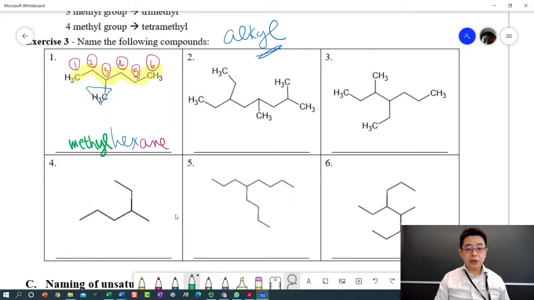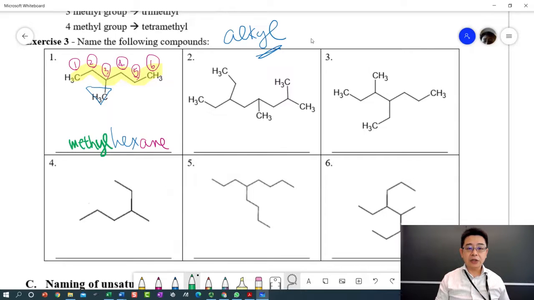One last thing is we ask 3 questions for substituent group. First is who are they, and how many are there, and where they are. We have answered the first question, and the second question, how many? One only. Then we can skip it, because only with 2 of the same alkyl group do we need to put a prefix there.